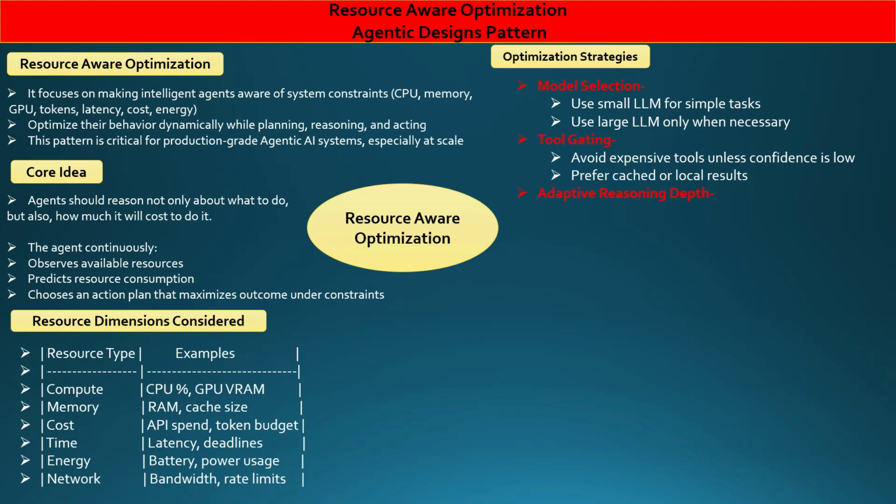Next is adaptive reasoning depth. The agent controls how deeply it reasons based on time and resources. If we have tight latency, it chooses shallow reasoning, and if we relax the constraints, it chooses deeper planning. Deep reasoning consumes more tokens and time, and not every task needs multi-step reasoning.